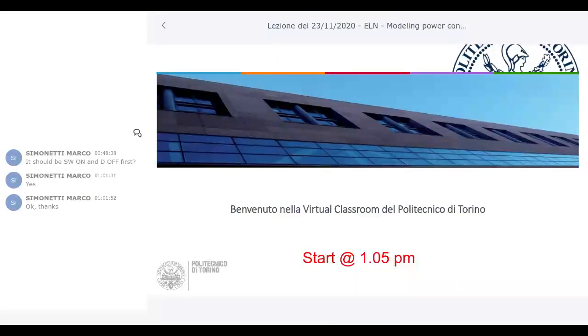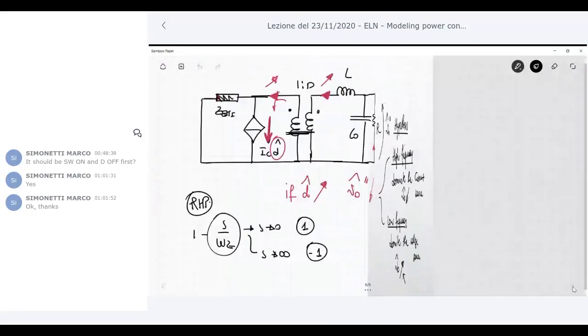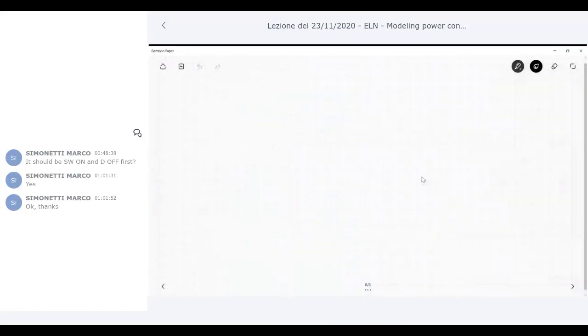Up to now we considered the ESR in terms of power dissipation, in the sense that if you have electrolytic capacitors, then the current flowing into these electrolytic capacitors heats up the capacitor due to the presence of the ESR.